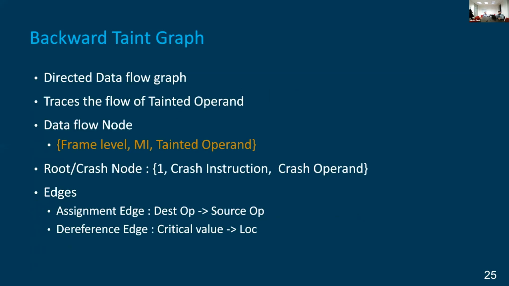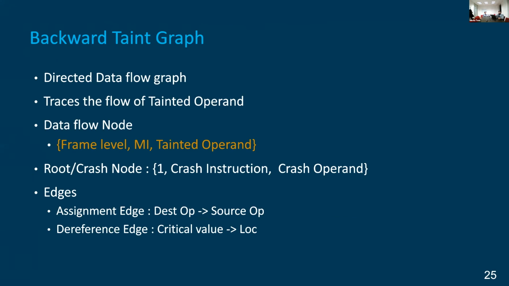Next slide, please. As an outcome of the whole analysis described in the previous slides, we have a graph that represents the flow of this tainted critical data going backward from the crashing point. A node in such a graph is represented as a triple of the frame level of the function it comes from, the machine IR instruction, and the tainted operand from that instruction.